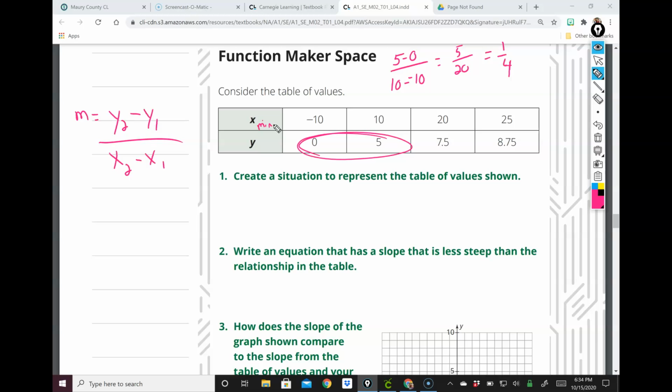Number 2, write something that has a less steep slope. So I can say what's smaller than 1/4. 1/3. Nope, that's bigger. 1/5. That has a less steep slope.